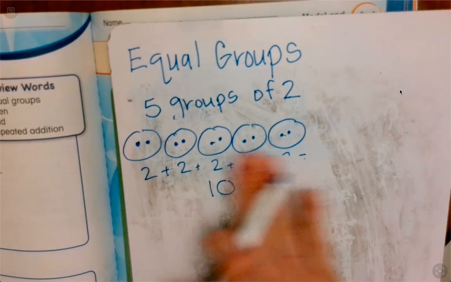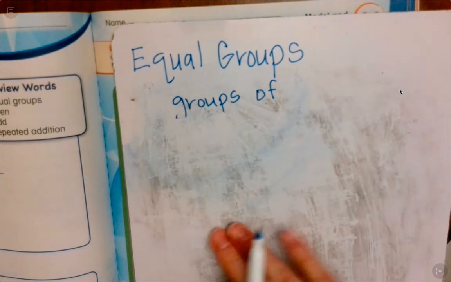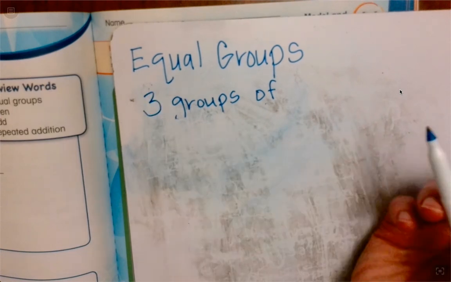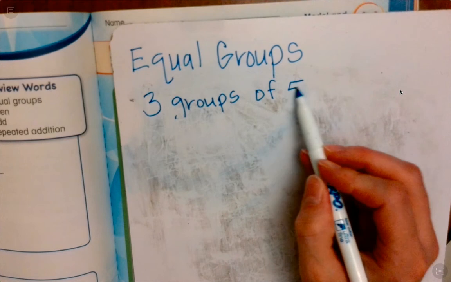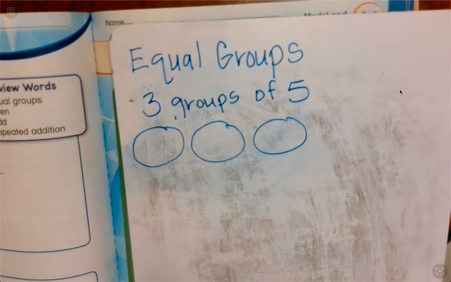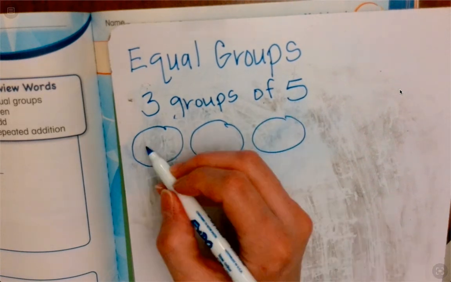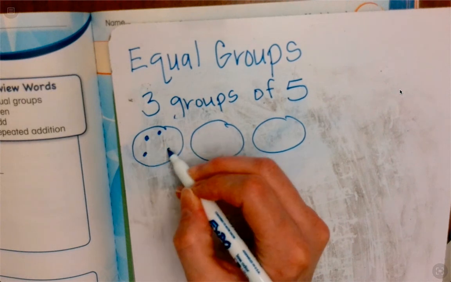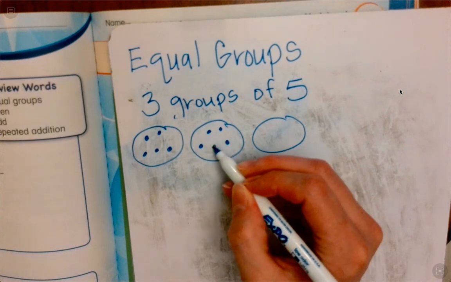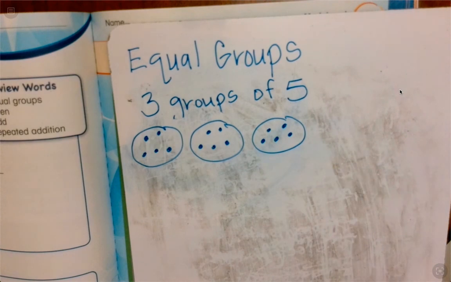All right, let's do one more. Let's just do 3 groups, 3 groups of 5 in each. So I've got a group 1, 2, 3. So I've got 3 groups. 3 groups of 5 in each. 1, 2, 3, 4, 5. 1, 2, 3, 4, 5. 1, 2, 3, 4, 5.